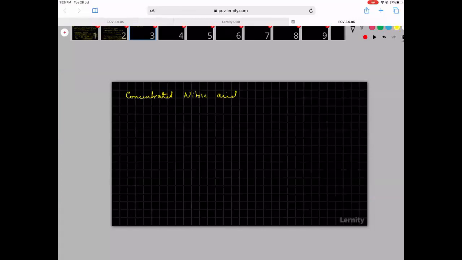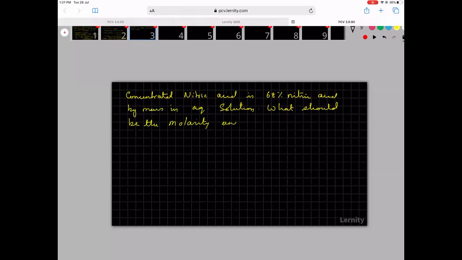Concentrated nitric acid is 68% nitric acid by mass in aqueous solution.